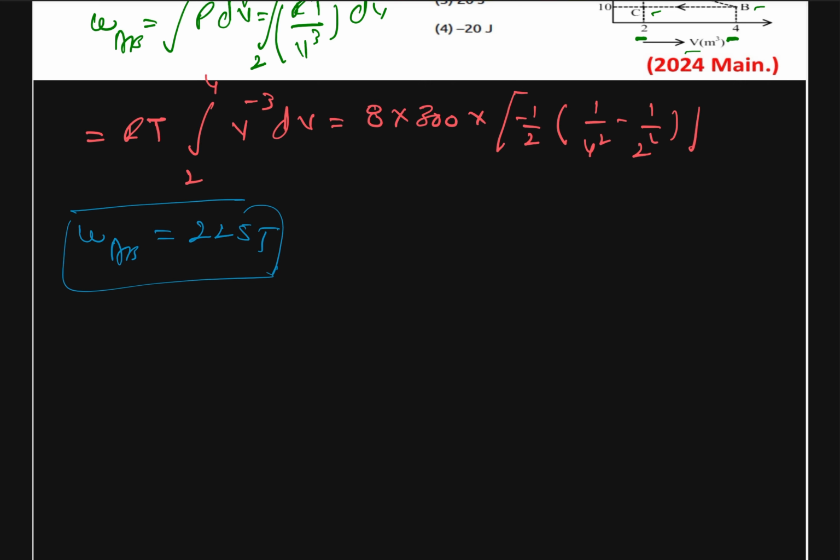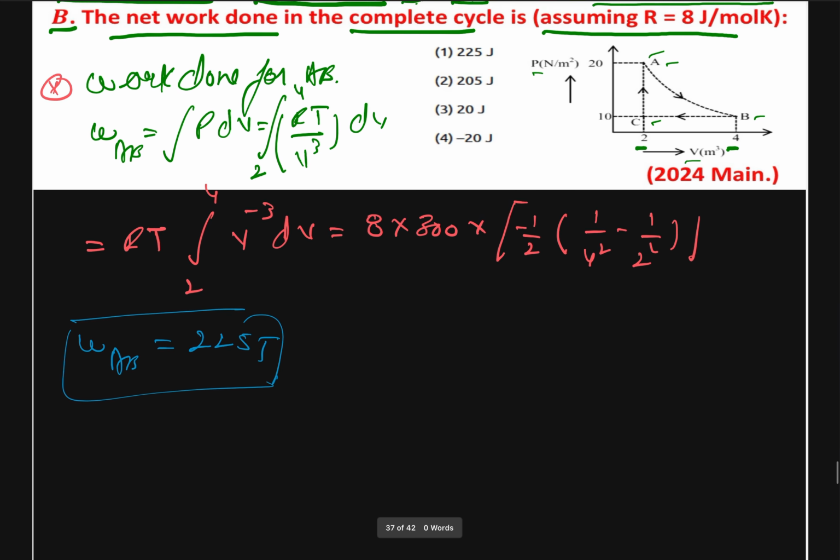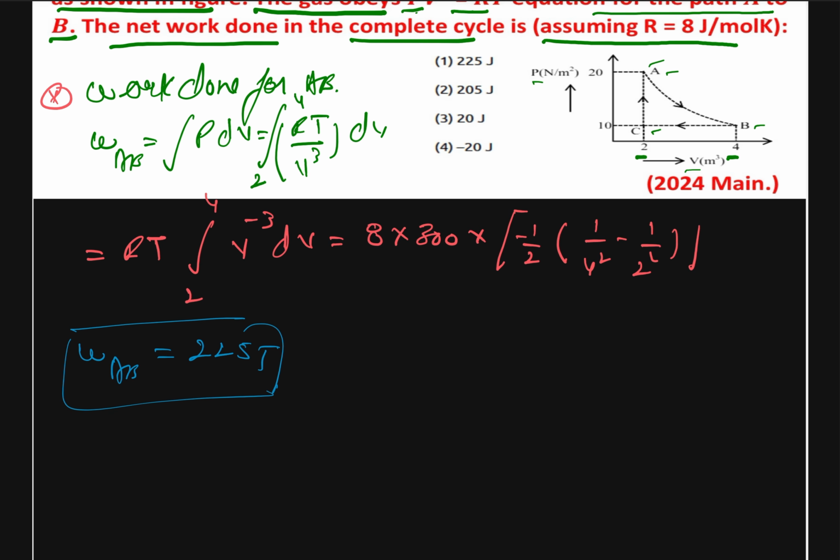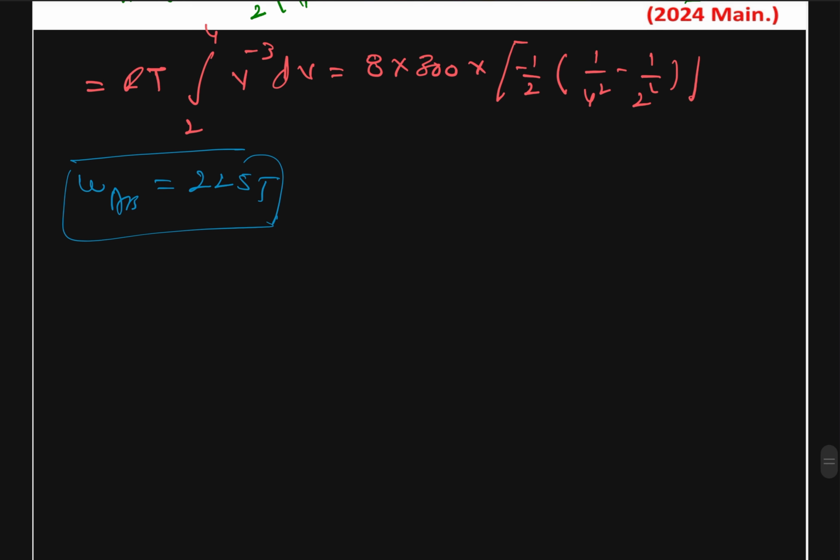Now we come to the path BC, where the pressure is constant, that is, isobaric. So for path BC, we can say WBC is equal to pressure, which is constant, times the integration from 4 to 2 of dV.